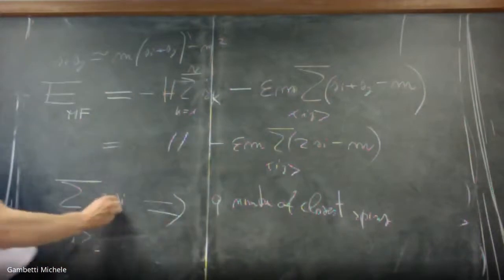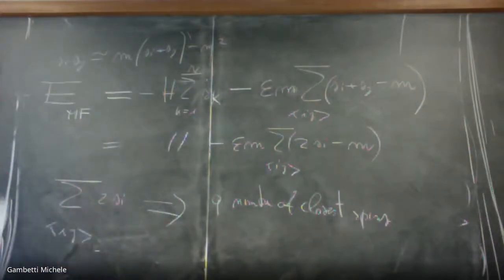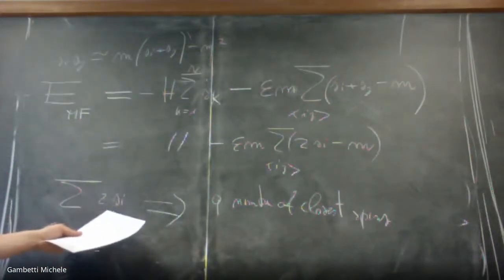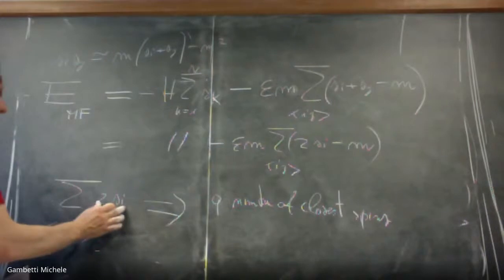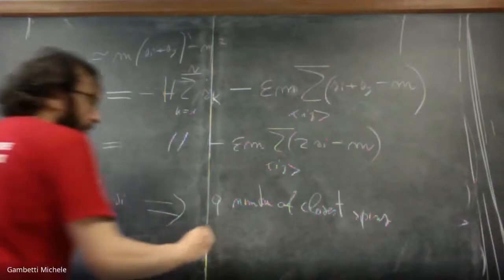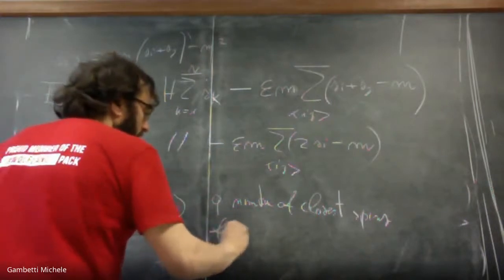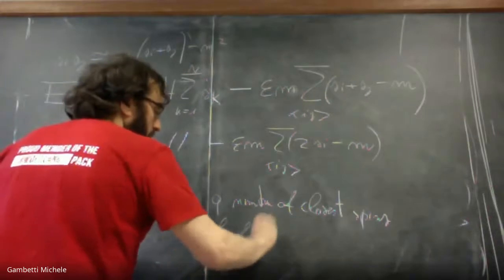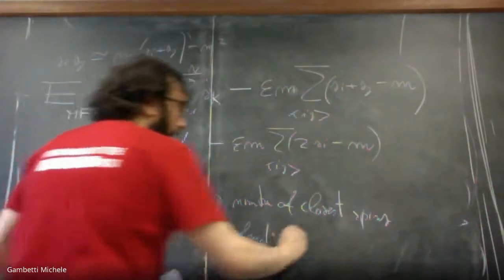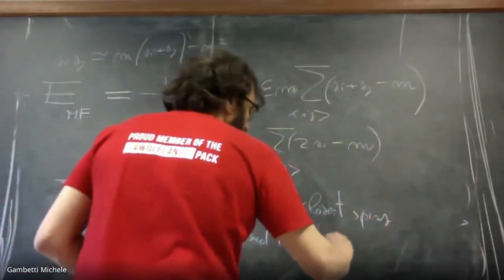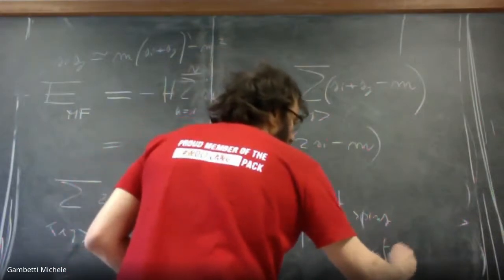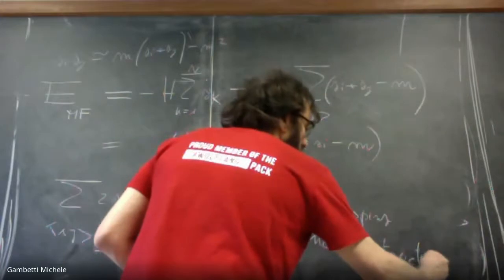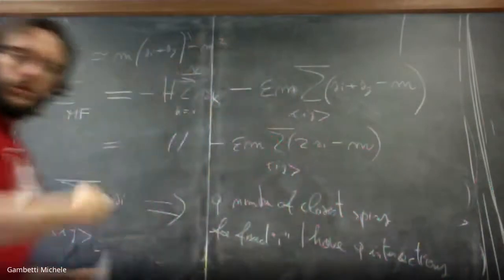So this term is basically itself multiplied by Q, because for fixed i I have Q interactions with the closest spins.